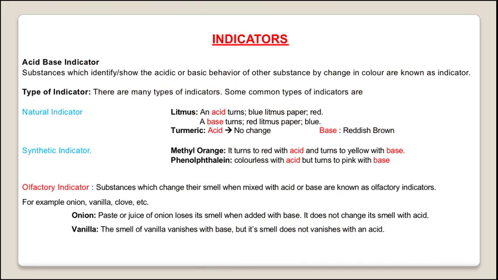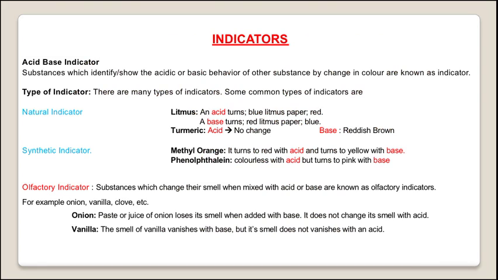Next, phenolphthalein is colorless, and when it is put into acid it remains colorless, because acid is also colorless, but when it is put into base it turns pink. So methyl orange and phenolphthalein are synthetic indicators, meaning they are man-made in factories, whereas natural indicators, litmus and turmeric, are obtained from plants.